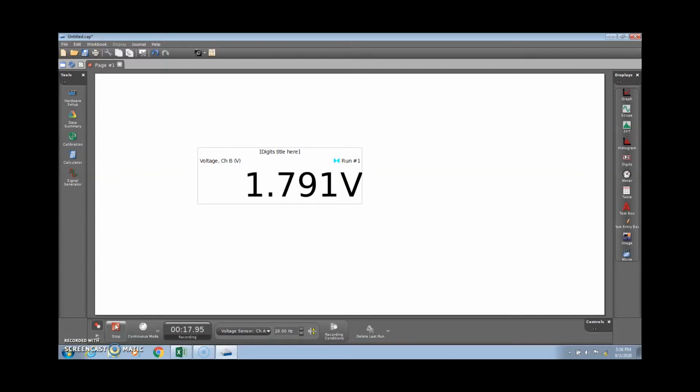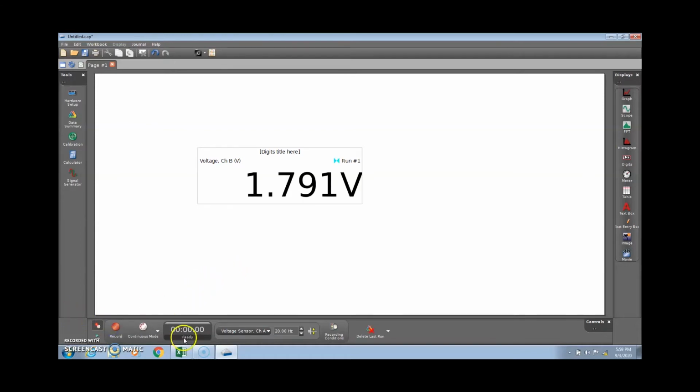So I know the height when the bottom of the piston is at its highest point, it's at 15.6 centimeters, and when it's at its lowest point, it's at 8.9 centimeters.